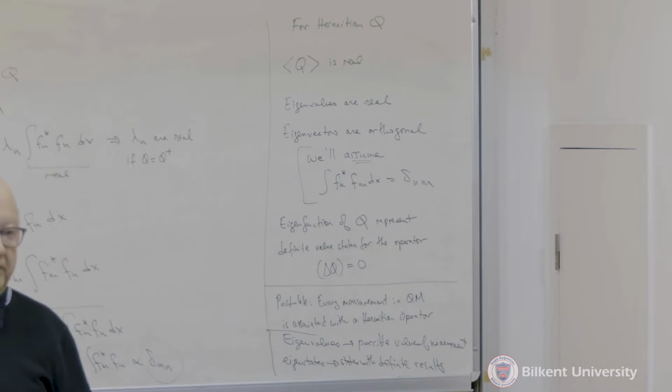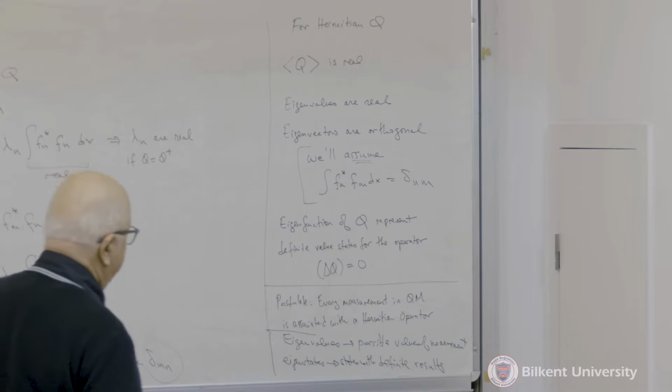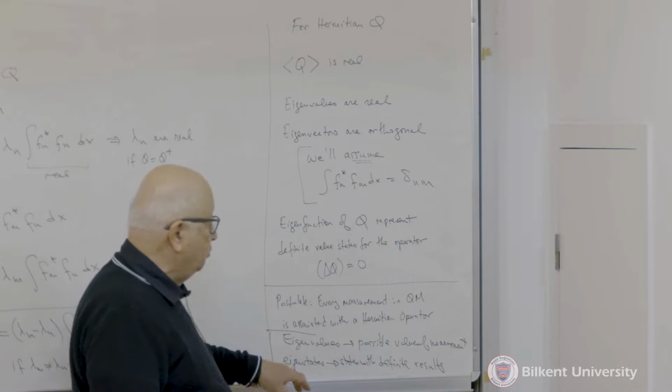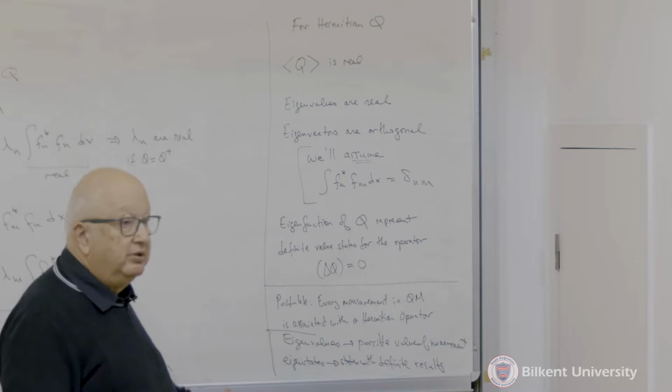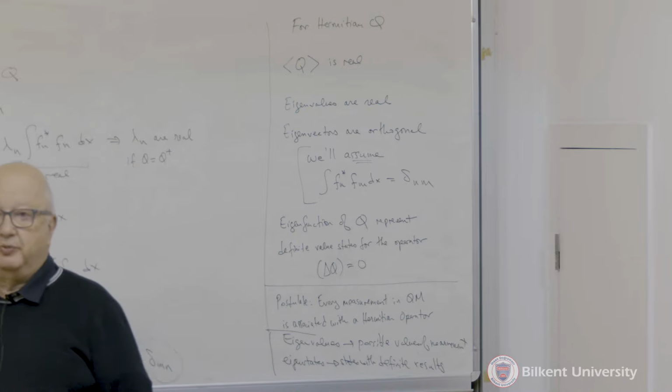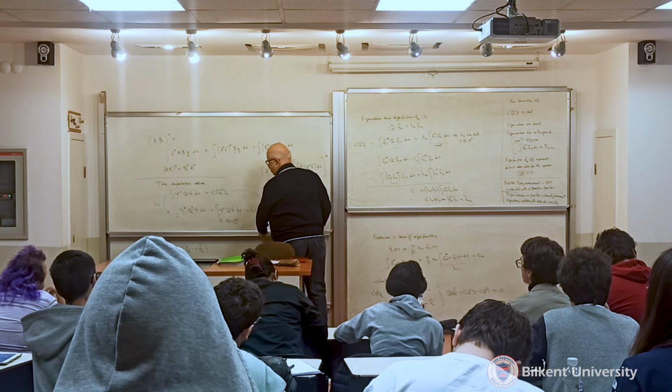So sometimes I'll get one eigenvalue, sometimes I'm going to get some other eigenvalue for a general psi, but for the case of the eigenstates, those are states with definite value of the measurement. For those, there's no uncertainty.